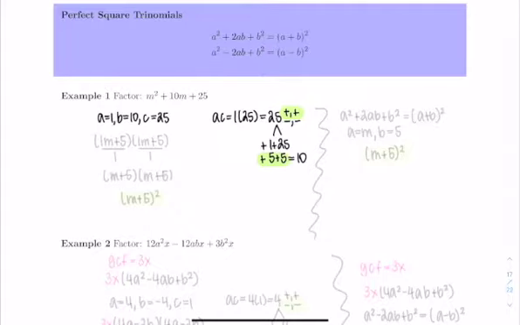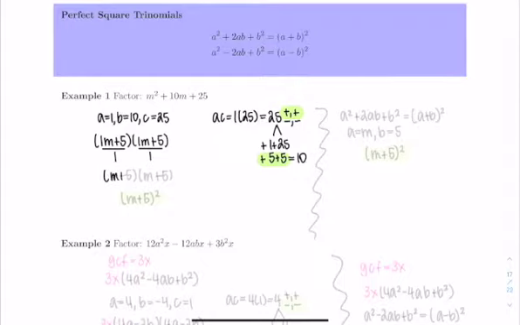So you bring down the leading coefficient, which is 1, and we split our m's. We have our plus 5 and our plus 5. And the last step is to divide out anything they have in common, but the only thing they have in common is 1.